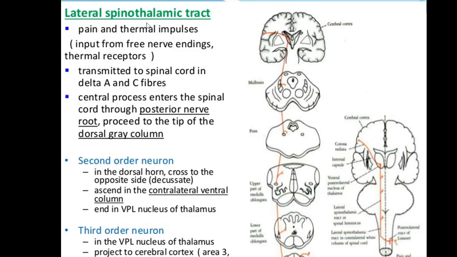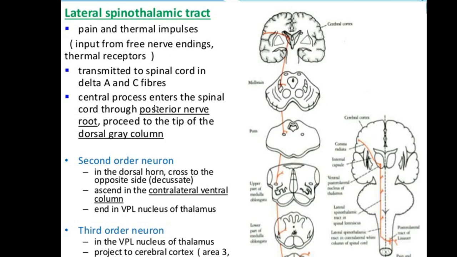Then the lateral spinothalamic tract, which carries the pain and temperature impulses. The input is from the free nerve endings and the thermal receptors. They transmit it to the spinal cord through delta A and C fibers.